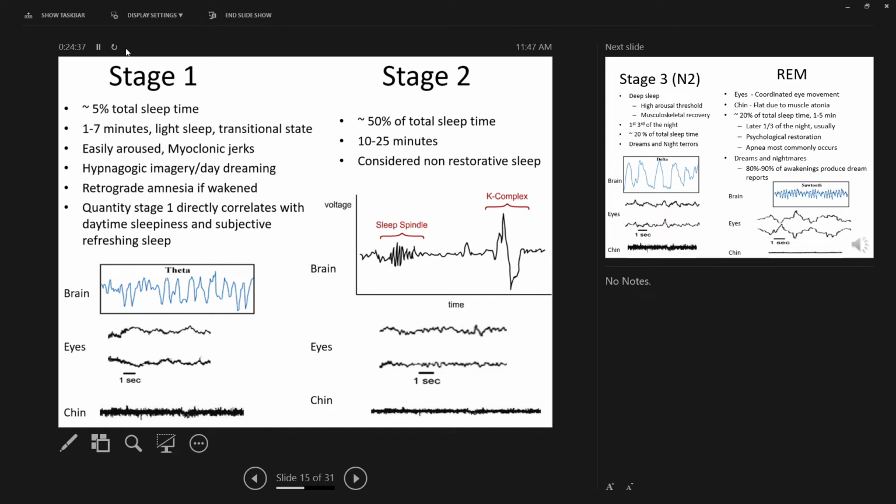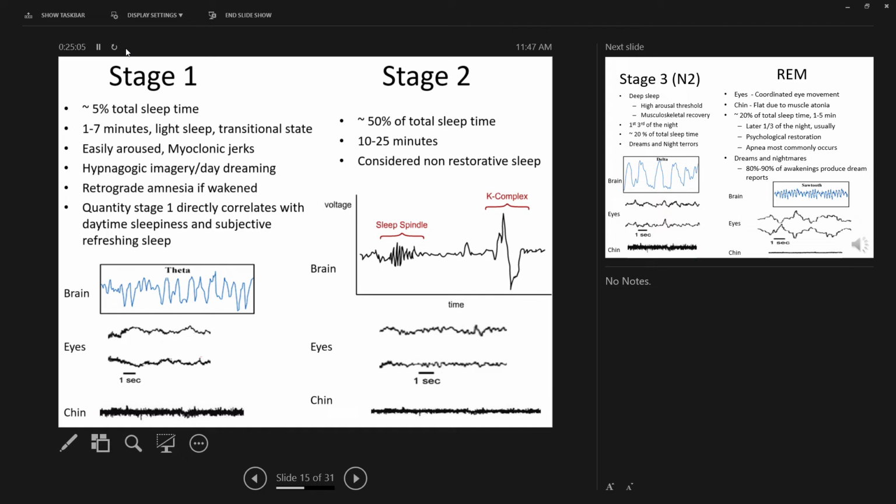You can see that there's a little bit of rolling that happens, but not a lot of movement. And then when we look at the chin, it is very, very tight. That means that they're not in a deep sleep. They're definitely not in REM sleep, but you could see a lot of movement there. It's not an up and down movement per se, but it shows the contraction of that muscle, the lack of relaxation.